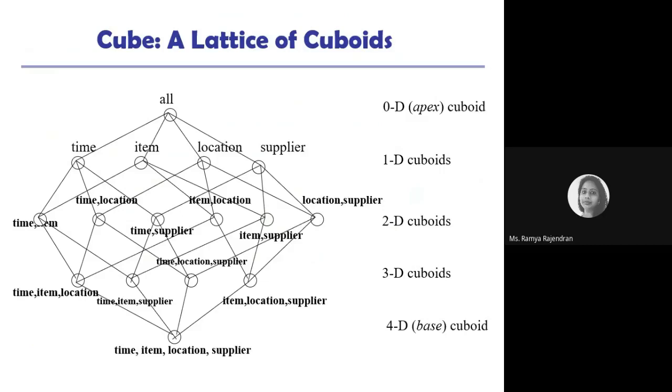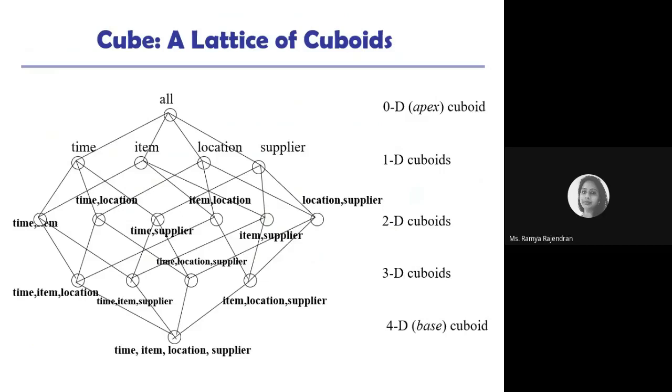Here we are combining 3 things: time and item with location, and here time and item with supplier. So we have 3 pieces of information together. When I combine all of this, time, item, location with the supplier, we get all the 4 things together. So this is a 4-dimensional cuboid.